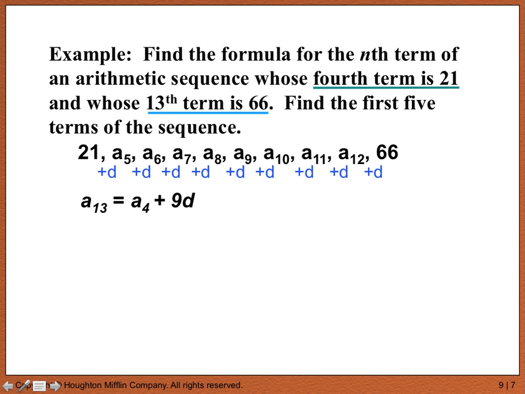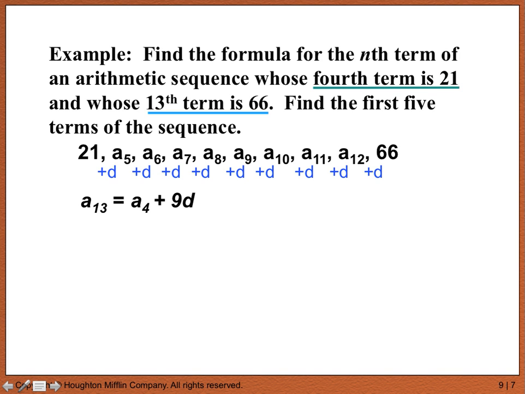This 9 comes from the fact that there are 9 jumps from term 21, or the fourth term, to term 66, or the 13th term. There are 9 jumps. And let's count them. 1, 2, 3, 4, 5, 6, 7, 8, 9. All right, there are 9 jumps.